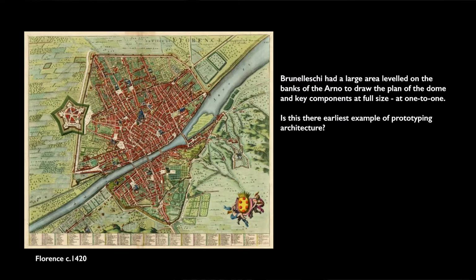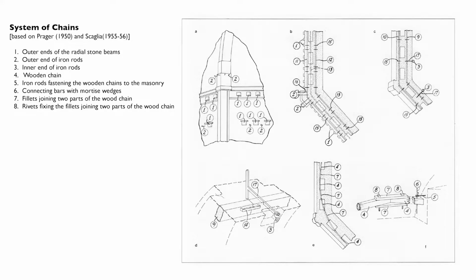Brunelleschi leveled the banks of part of the Arno to draw the plan at 1:1. So he wanted to understand the components at full size. So I suggest to you that this is the earliest example of prototyping architecture.